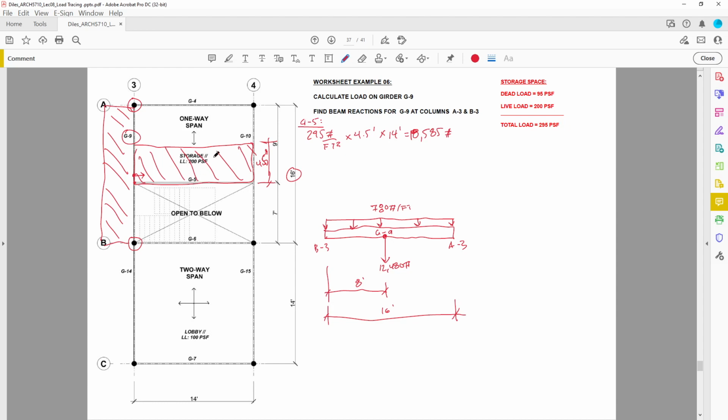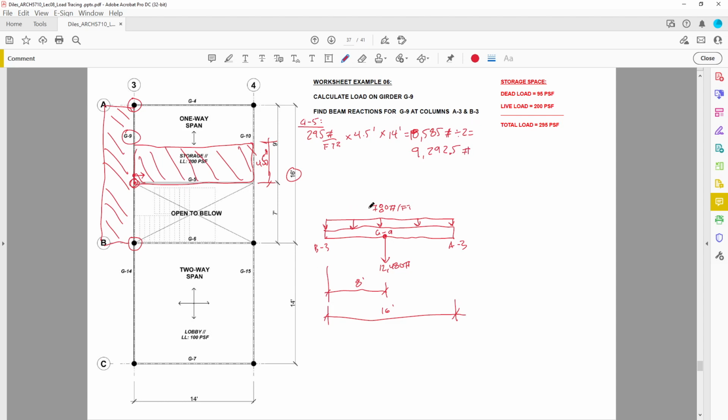on G5. So we know that 1/2 of that is going to be going to G9 at that place where it connects. So let's divide that by 2. 9,292.5 pounds.